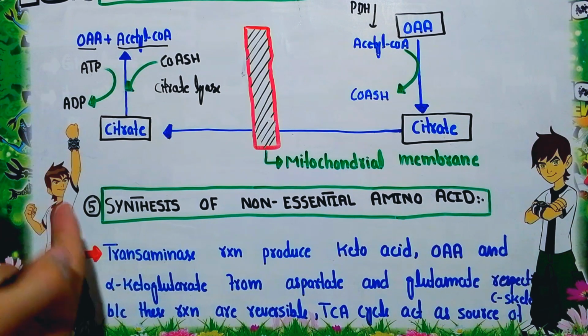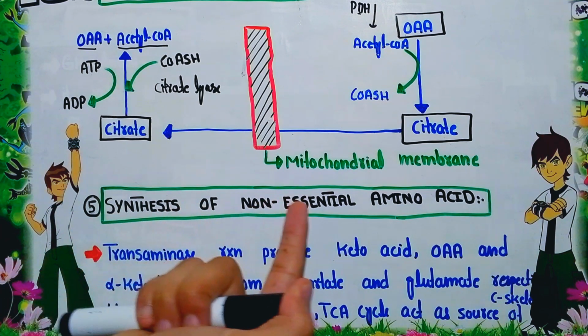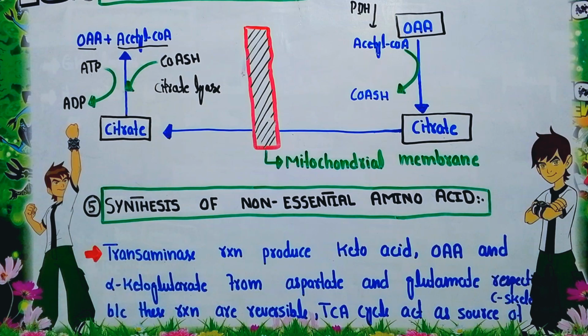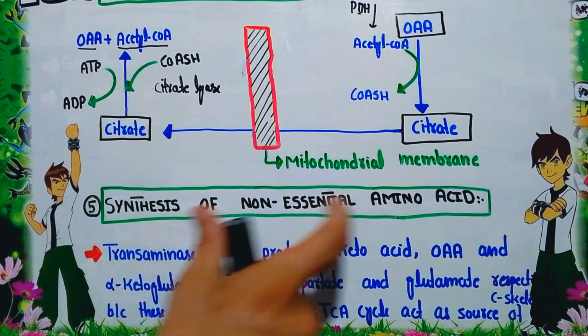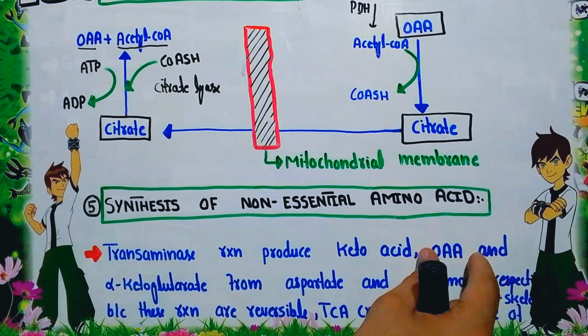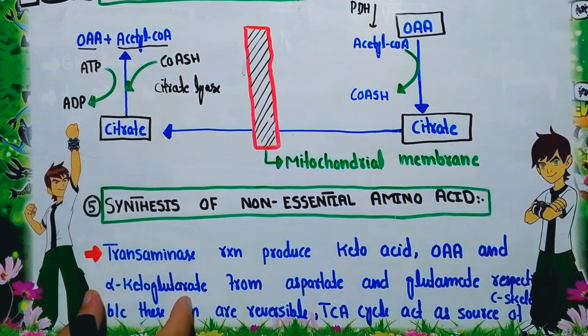Now the fifth example is the synthesis of non-essential amino acids. When a transaminase reaction produces keto acids, these keto acids are oxaloacetic acid and alpha ketoglutarate.